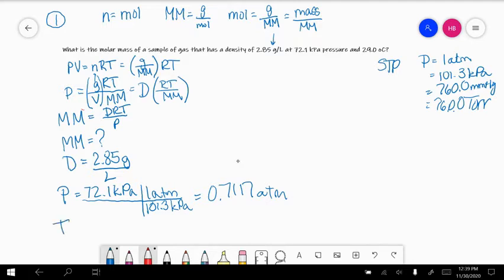And then the temperature is 29.0 degrees Celsius, which in order to change from degrees Celsius to K, all I have to do is add 29 plus 273 and that's 302 K.